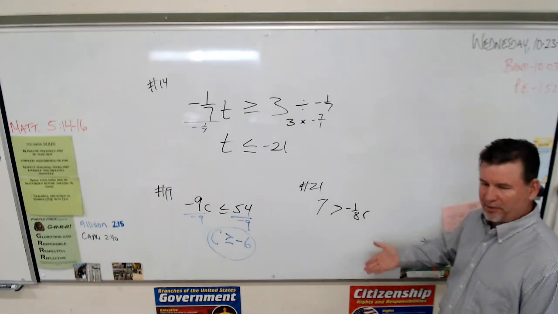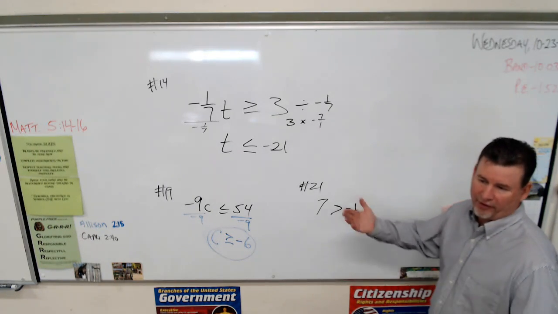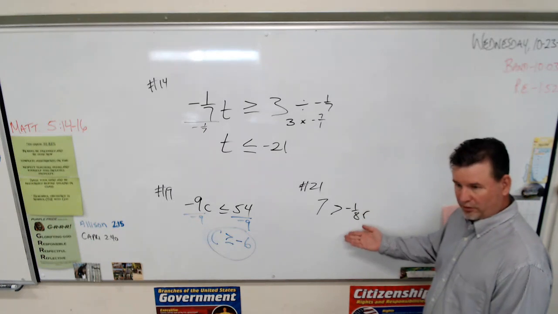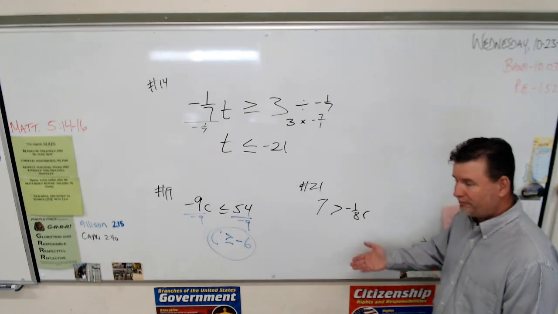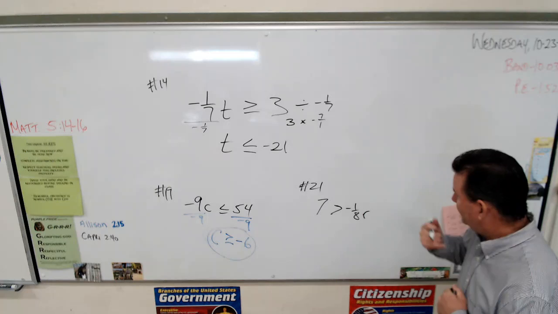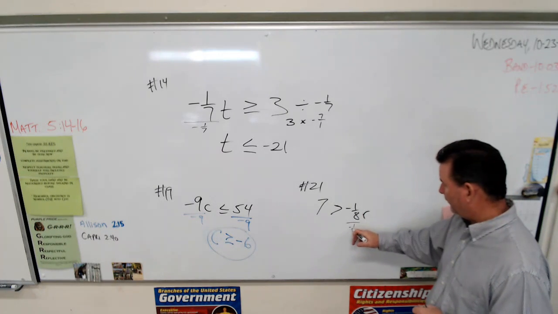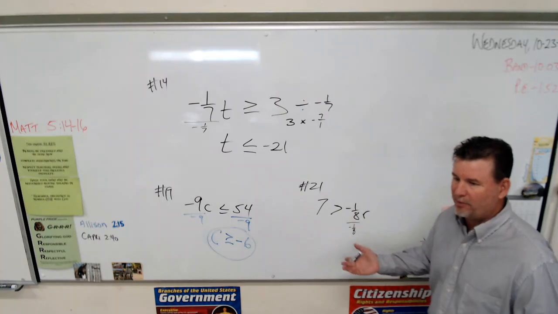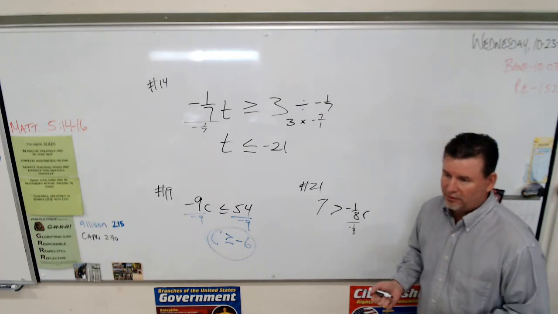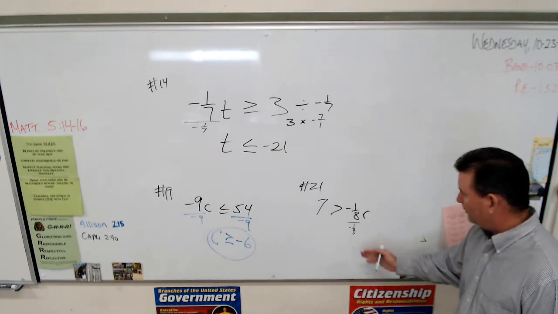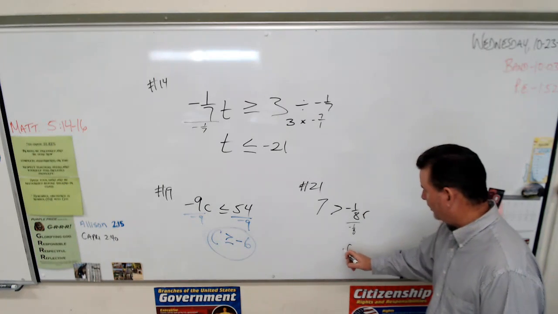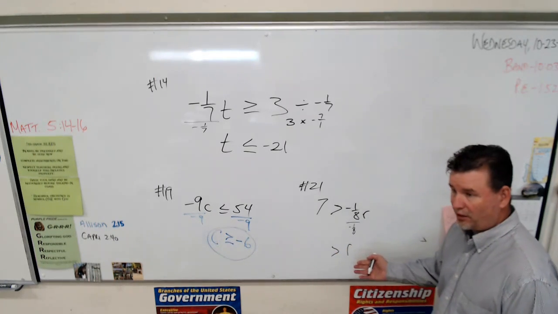Just keep it simple. Anything divided by itself is 1. So divide by negative 1/8. You get that? Because anything divided by itself is going to give you 1. You with me? Yeah. So what's that gonna leave me on the right? Just R. So far I got R is less than something.